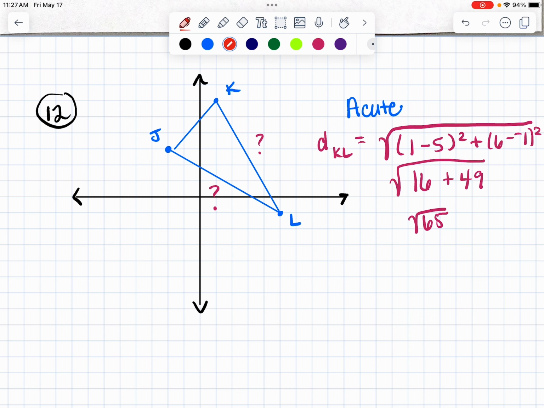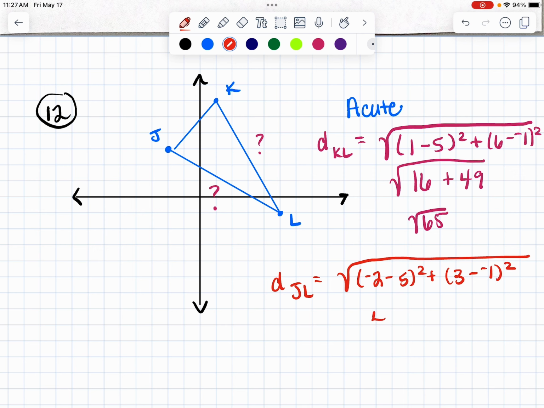I need to do the same thing from J to L to see if I can end up with the same length. So the distance from J to L, I'm going to do the same thing using the distance formula with the coordinates that I was given. J is at -2 minus 5 squared plus 3 minus -1 squared.